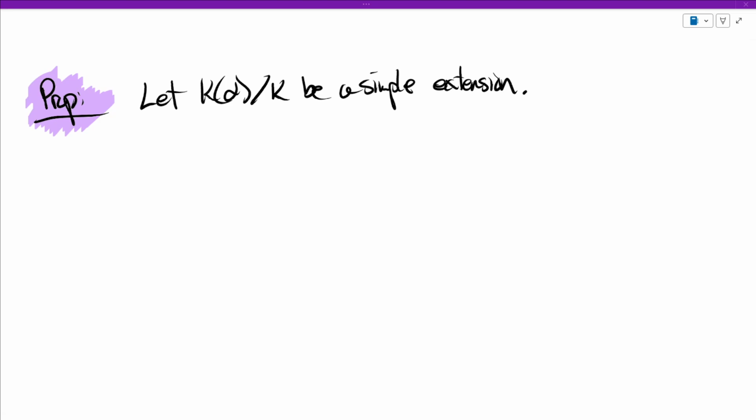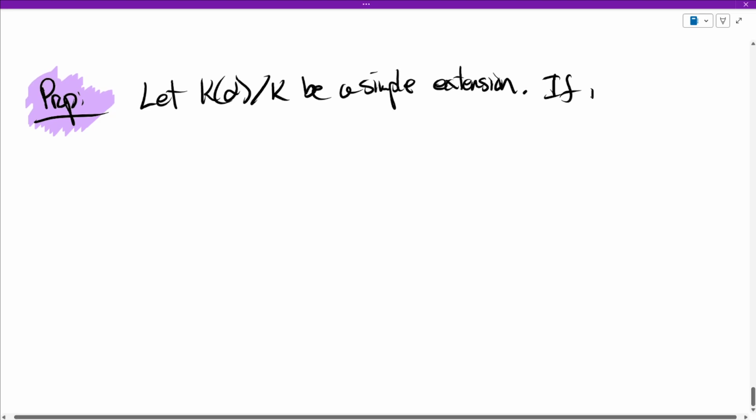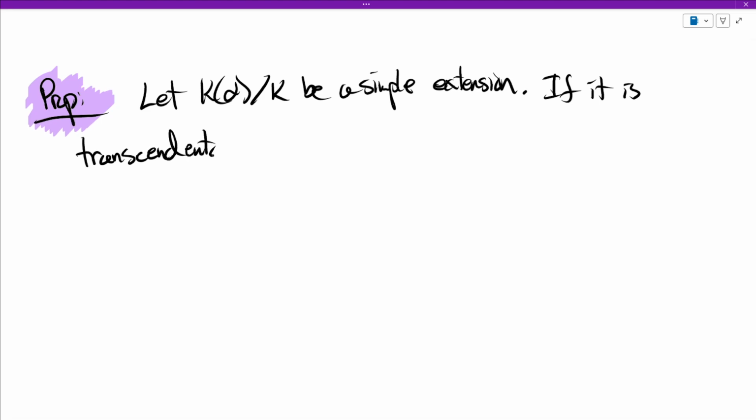There's two types of simple extensions again, and those are transcendental, where you add something like an indeterminate, or you add in like e or pi to Q, something like that. So if it's transcendental, then the degree, well, we saw that you get infinitely many copies of k, just for polynomials in alpha.